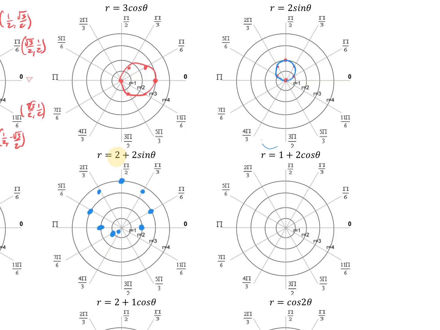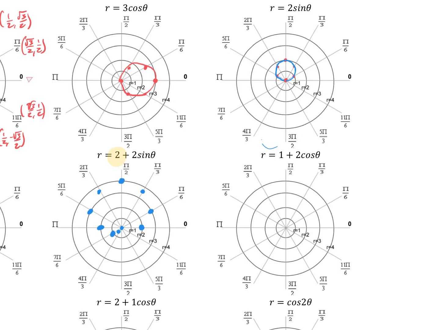Okay. Now we're looking down here. And when we plug in 3 pi over 2, the sine is negative 1. Negative 1 times 2 is negative 2. Negative 2 plus 2 is going to give us 0. Interesting. Over here, the sine is negative root 3 over 2, doubled, it's negative root 3, 1.7.